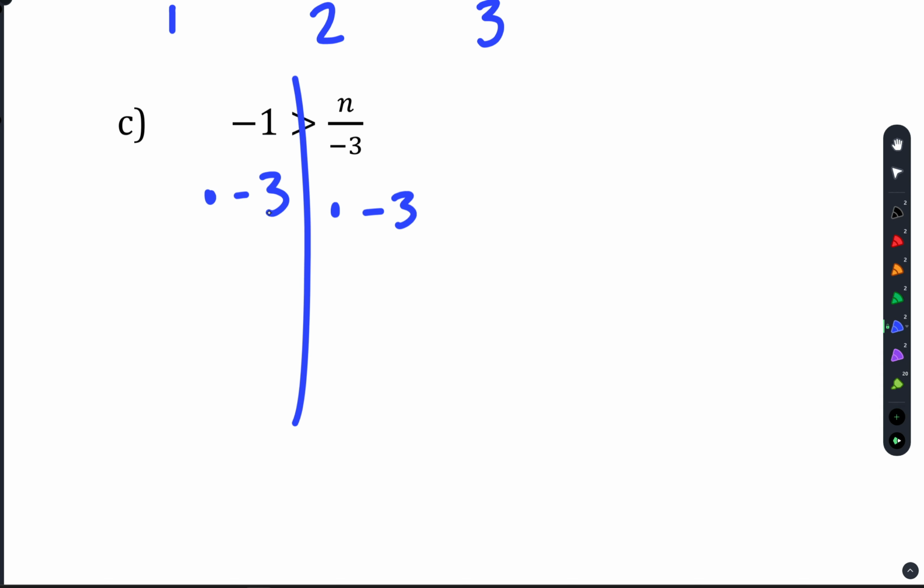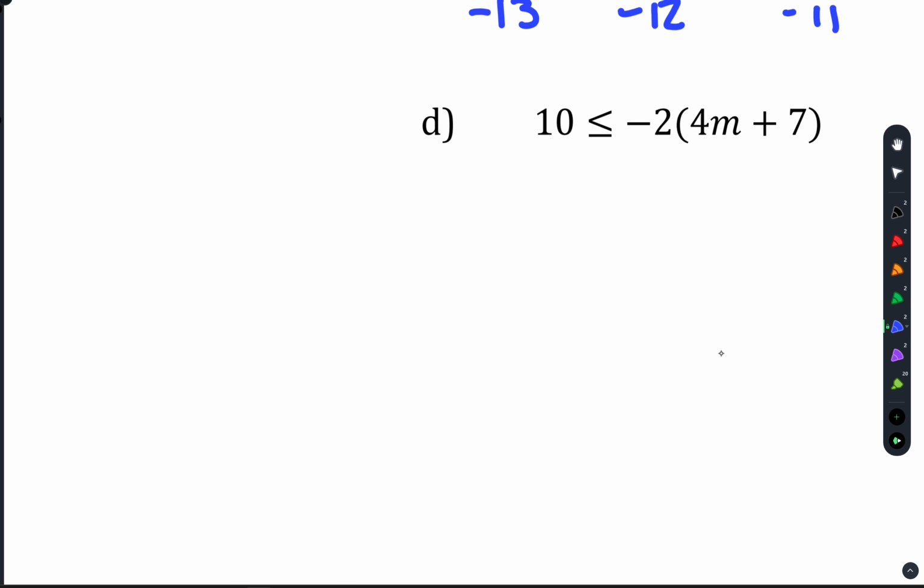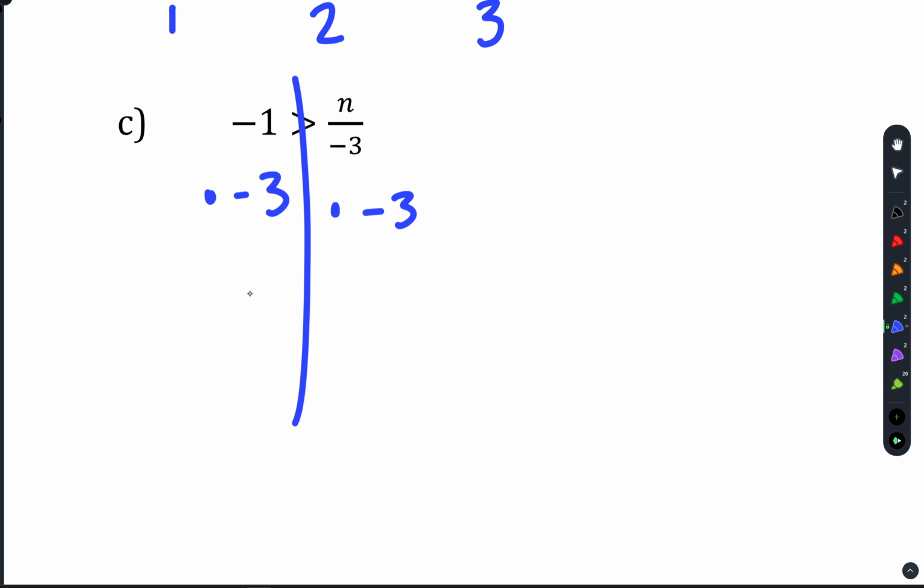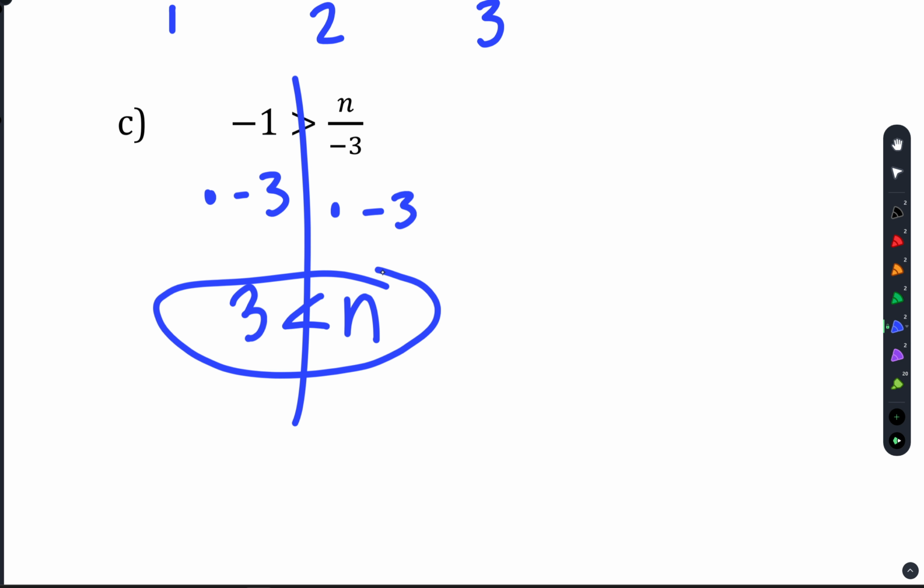I just multiplied by a negative number on both sides, so my sign, I have negative 1 times negative 3 is a positive 3, and instead of my sign facing this way, now my sign's going to face this way. I'm just literally flipping it. That's it. That's the only difference between solving an equation and solving an inequality.